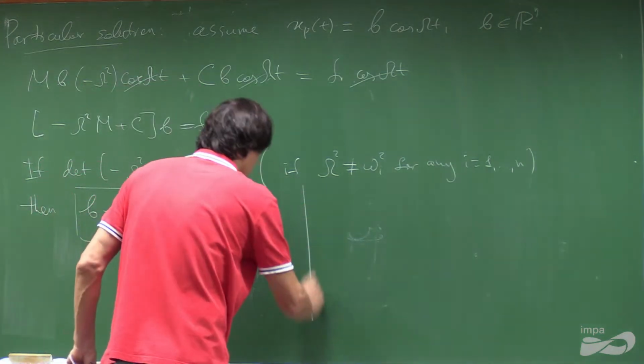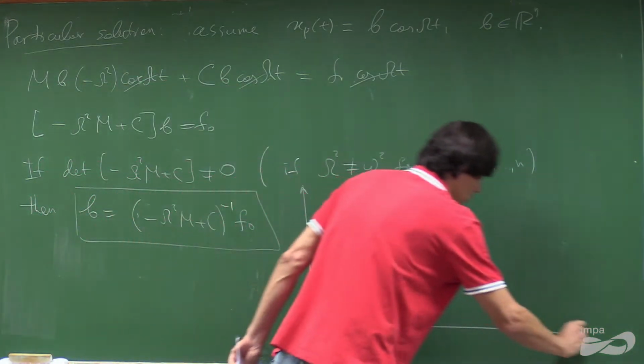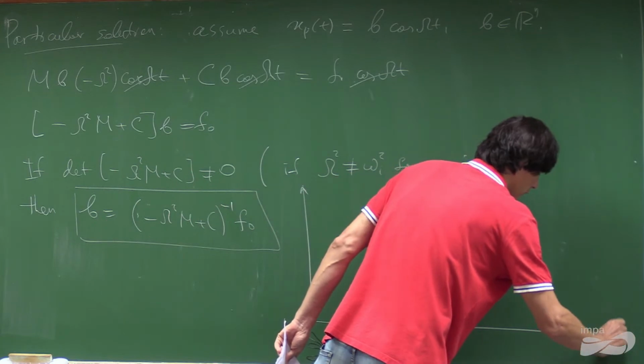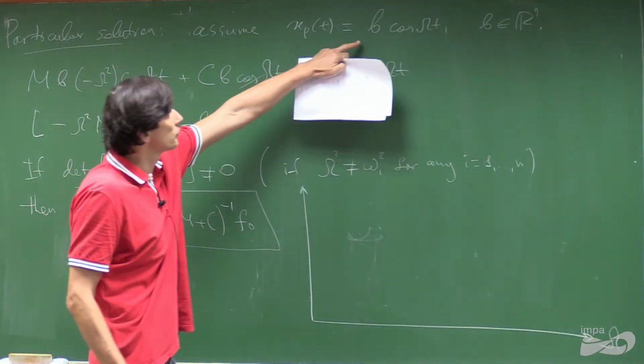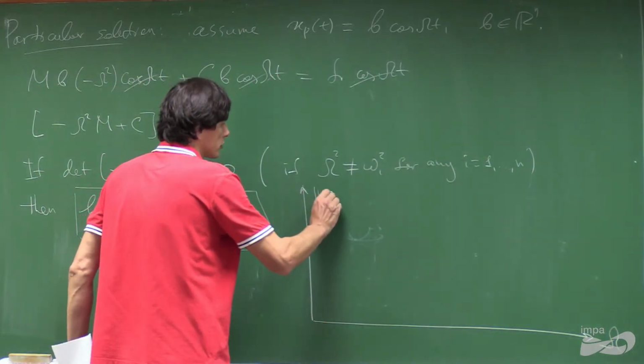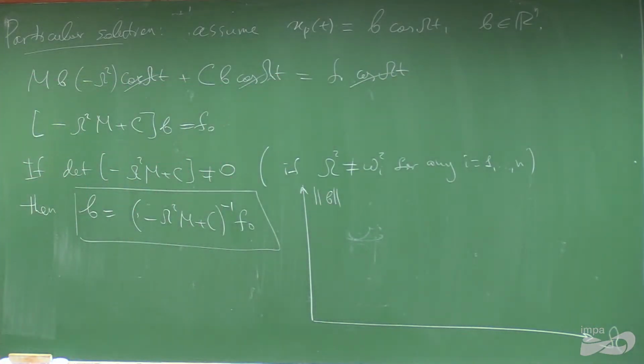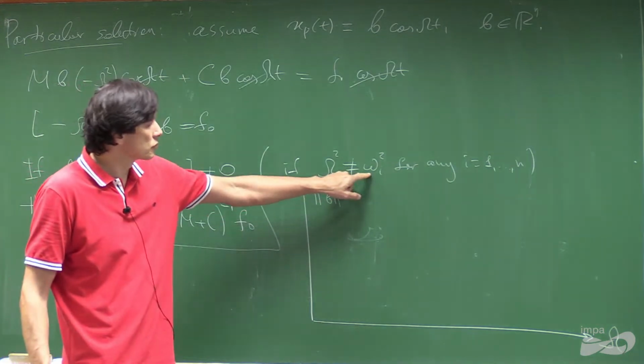So that's essentially the whole story, and we can draw what it means. You have the frequency of the forcing, and the amplitude b, which is a vector, so we can just take its norm. We can solve it every time when omega is not a frequency of the system.